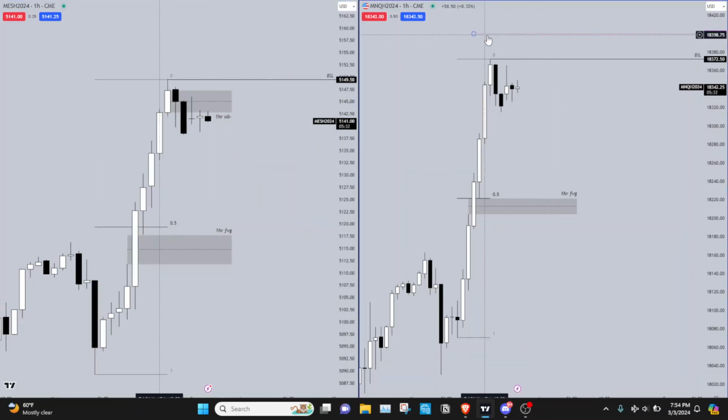These will be my points where I would like those things to institutionally end, on the levels right there.